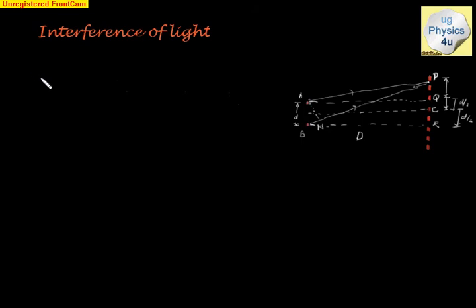Keeping these points in mind, we can write what is AP square. That means I want to find this hypotenuse. So using Pythagoras theorem, AP square will be equal to AQ square plus QP square, which gives me D square plus, now QP is equal to CP minus this small d by 2.